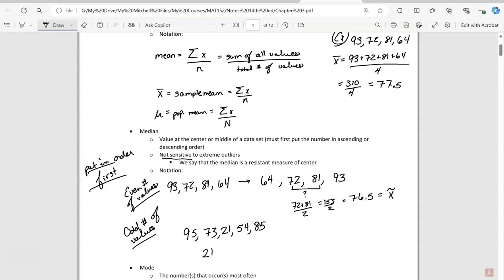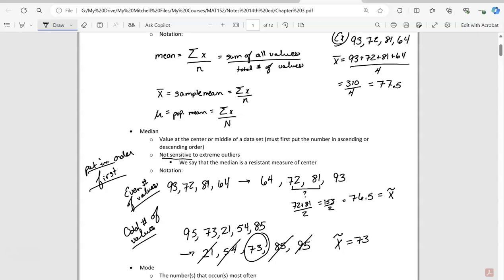And I'm going to go from smallest to biggest. So they're going to go in order first. And then we're going to find what's in the middle. And the way I like to do that is I just mark them off on each end. And that works really well, especially with a really big data set. And that's going to tell us what's in the middle. In this case, what's in the middle is 73. So we would say our median, the x tilde, is going to be equal to 73.